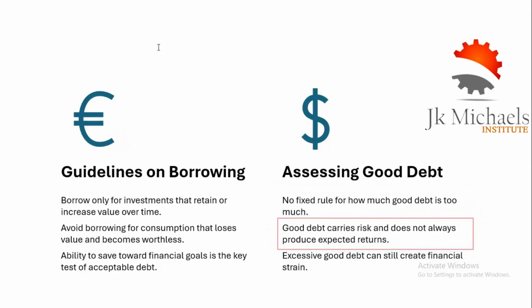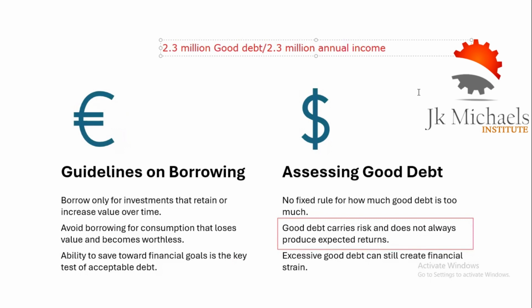So this is saying, even if it's good debt, don't go and take 2.3 million of good debt over 2.3 million annual income. In this case, you're looking at a 1:1, or 100% of your annual income is good debt, right?